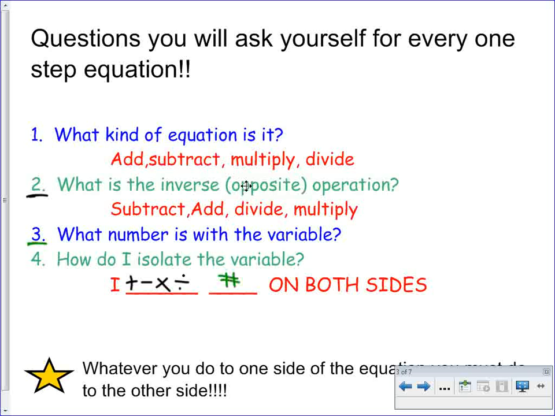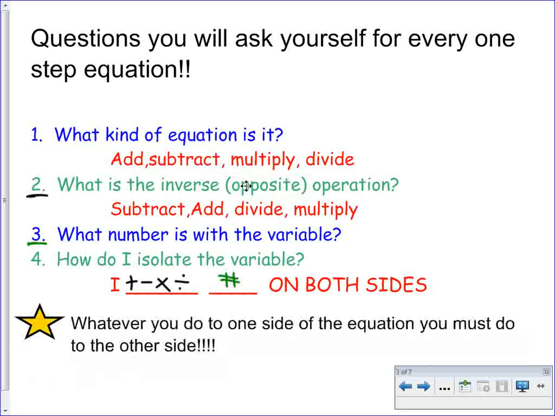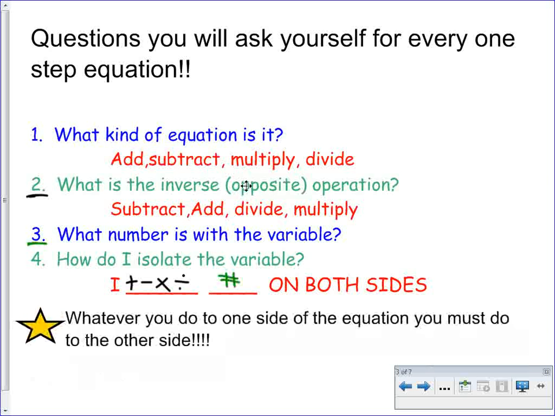Also, I want you guys to make sure that you get this very important starred quote, or starred sentence, in your notes. This is the sentence that I'll use to make sure that you guys viewed this video. It's also one of the main things you want to learn when you're solving one-step equations or any equations.